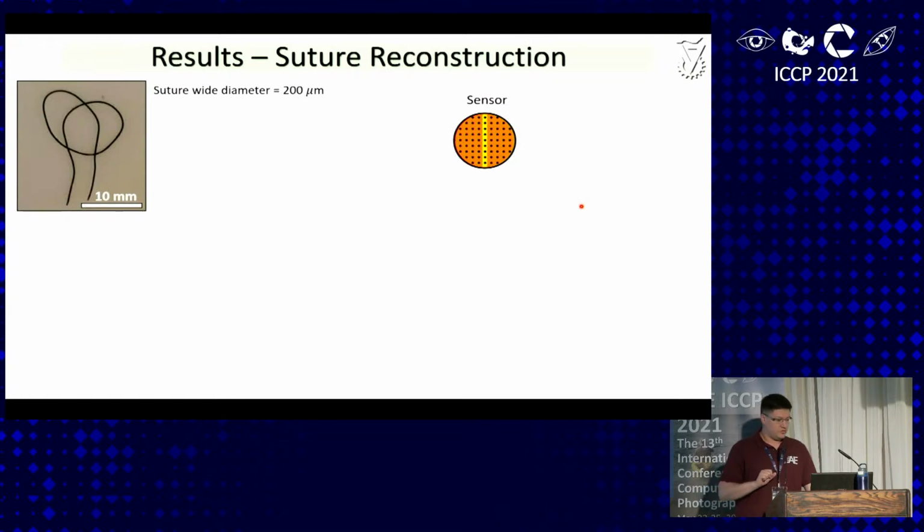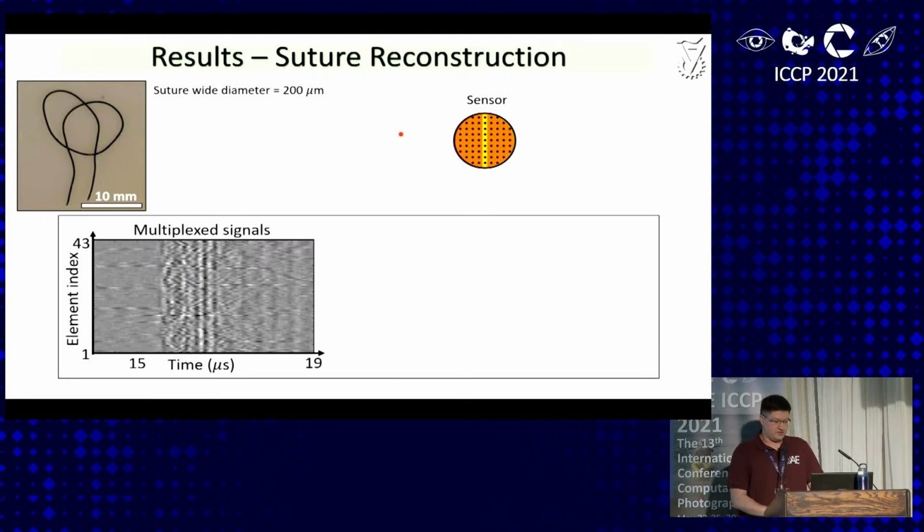So we have measured a suture from a copper wire coated in black Indian ink, and the diameter of the suture was 200 micrometers. So again, we have measured a total of 1,700 signals, but I will not show you all the signals. I will only show you a subset of signals on this yellow line, just for simplicity. So those are the multiplex signals.